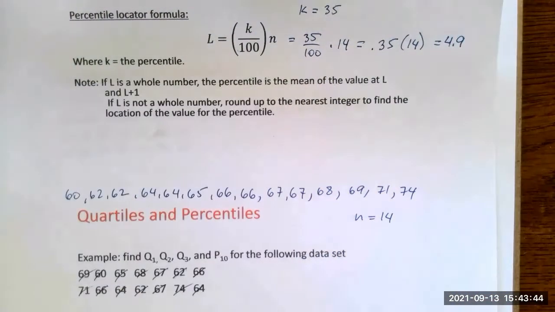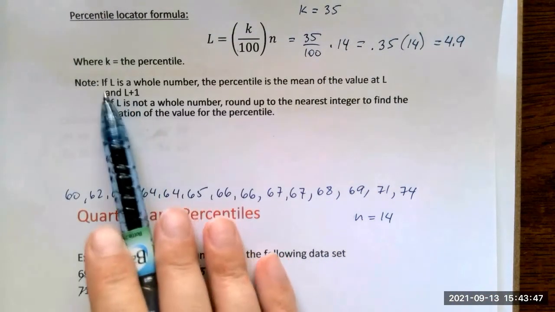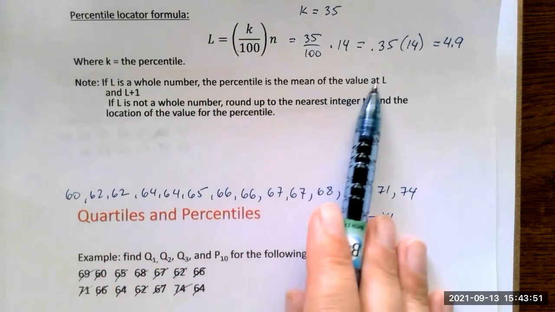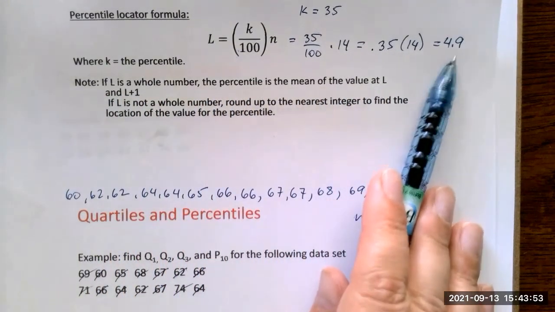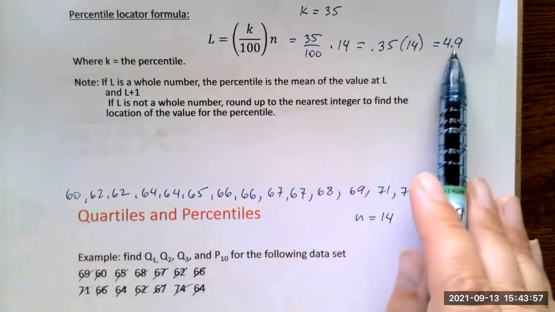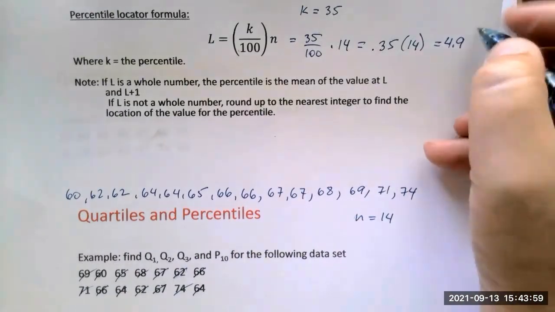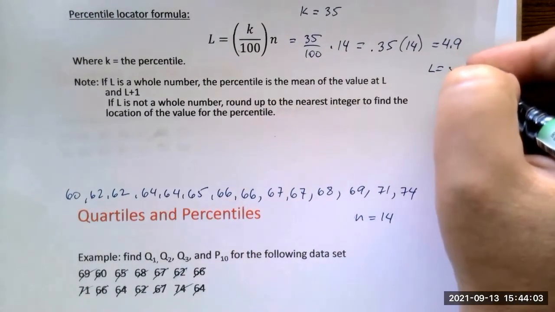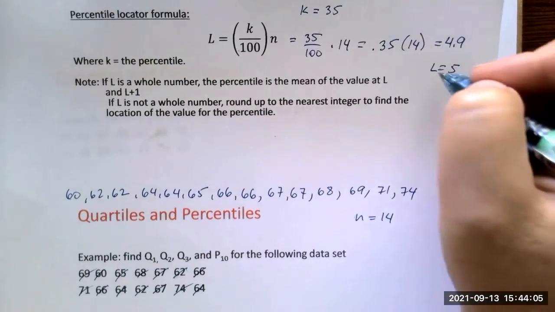That's 4.9. Okay, so let's read the directions. If L is a whole number, the percentile is L plus 1. Well, ours is not. If L is not a whole number, round up. So in other words, L is 5. We round up.